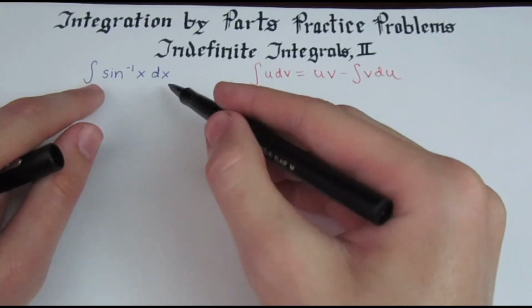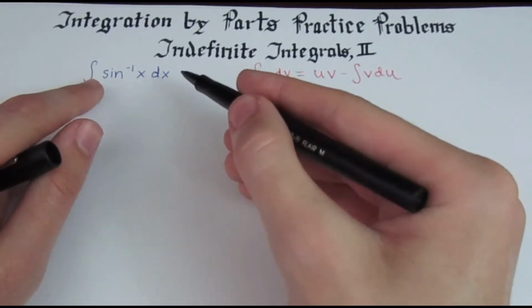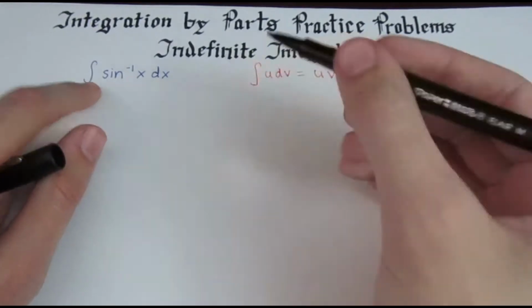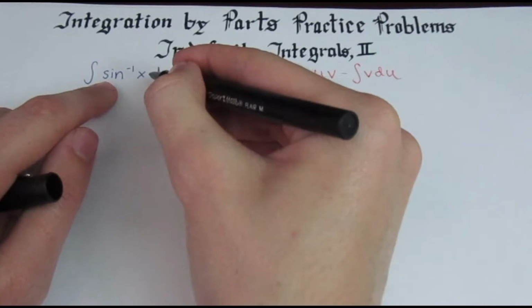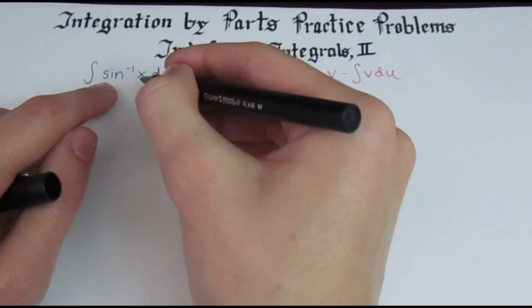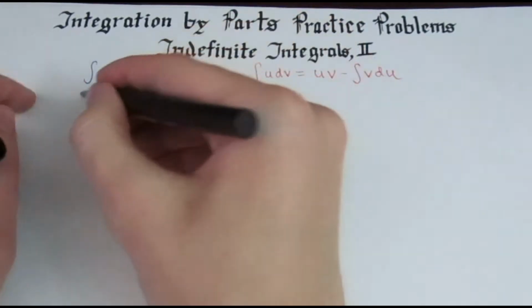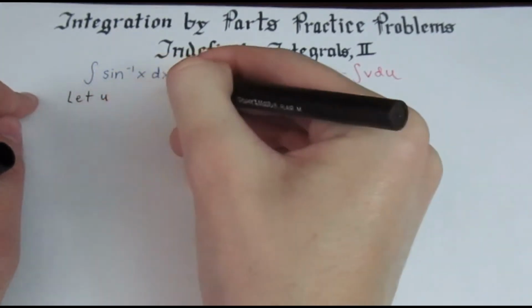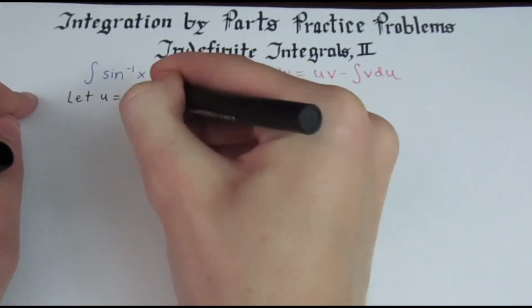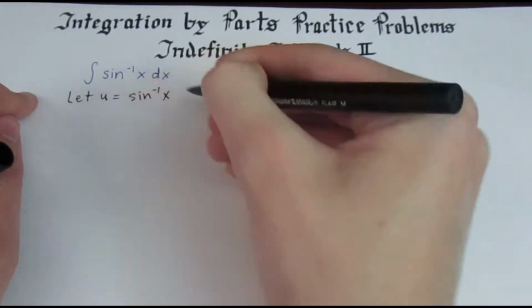Well, u should be something that we could differentiate easily. And of course we could differentiate sine inverse of x easily if we remember from Calc 1, which I'm not going to derive. So first step is let u equal sine inverse of x.